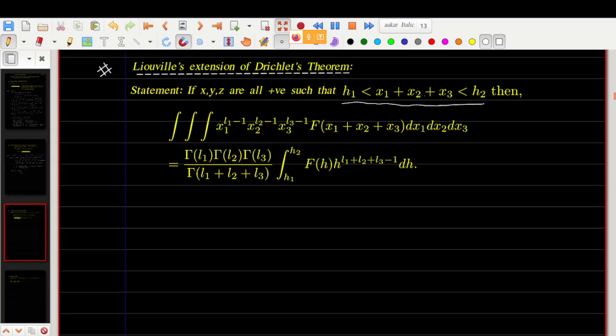Earlier it was positive and was bounded by a constant, that we have just seen in the last corollary, but here you have also a lower bound and upper bound, right?